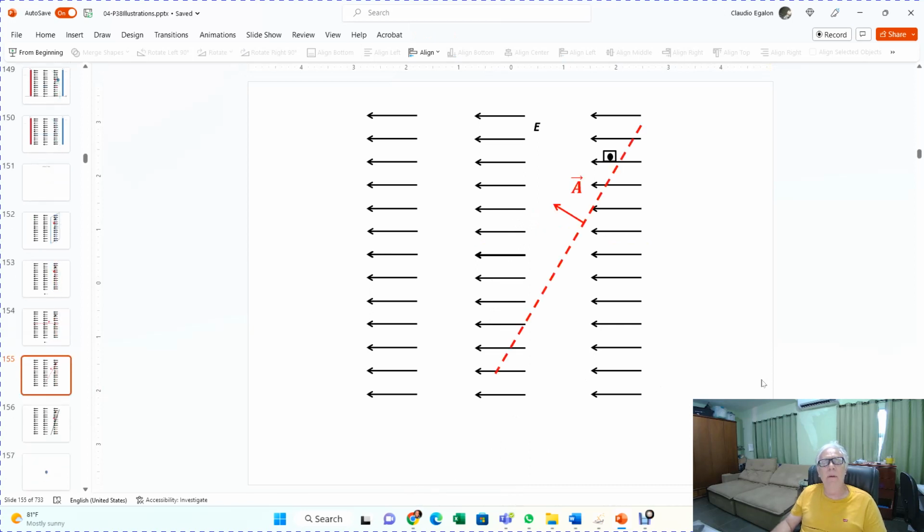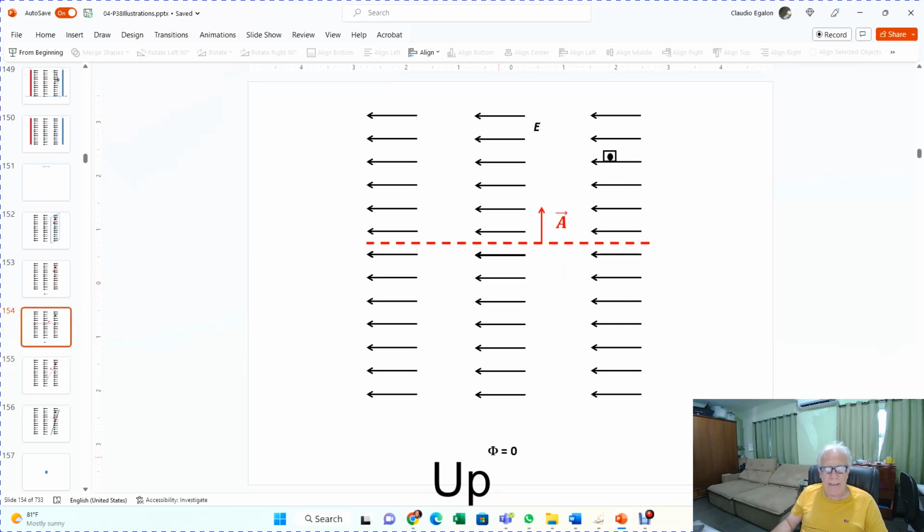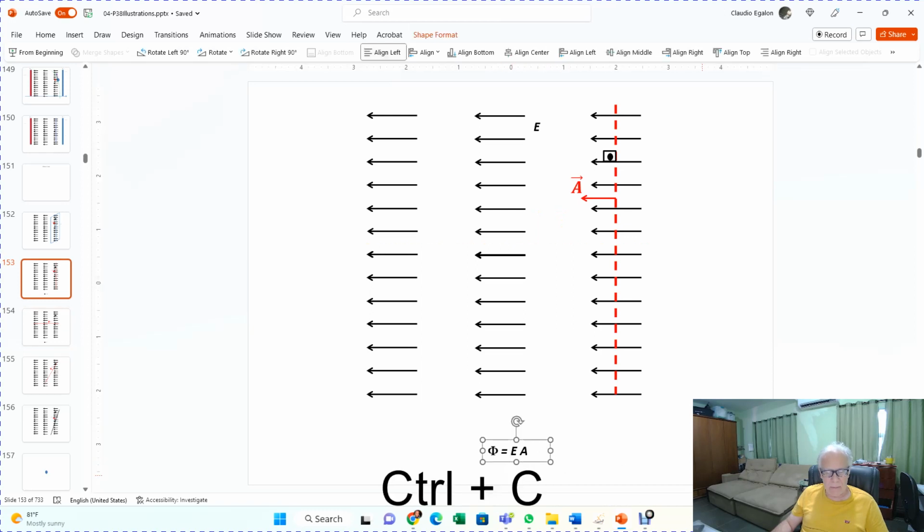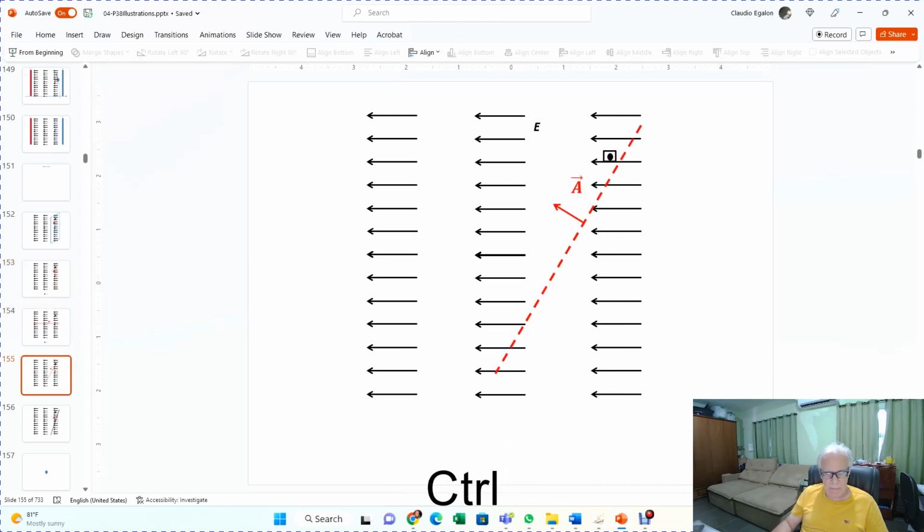Here is another example of a surface, an imaginary surface, that makes an angle with the electric field. The area vector and the electric field vector, let's say, make an angle theta with each other. Consequently, the electric flux now can be written as EA cosine of theta, where theta is the angle between A and the electric field.